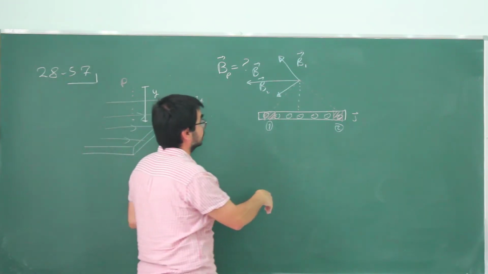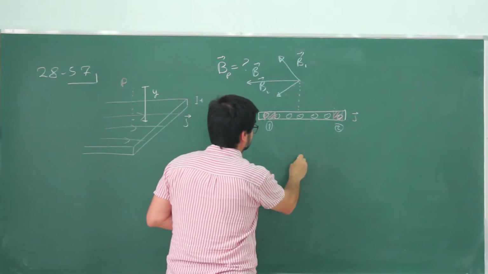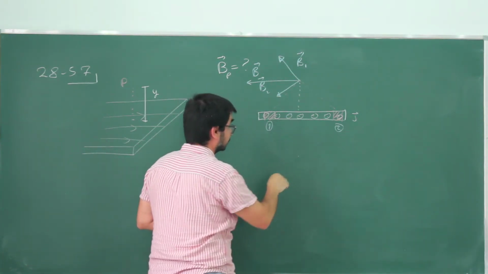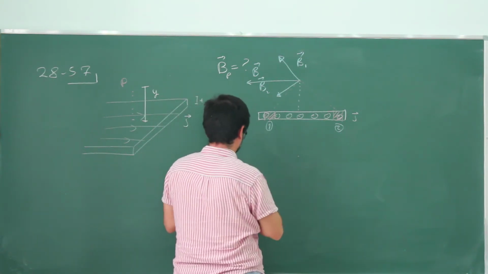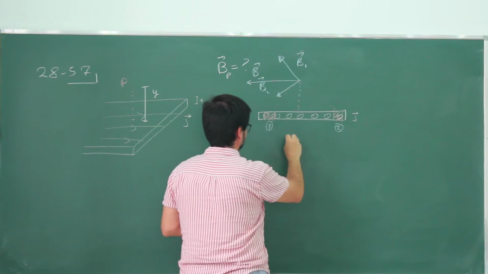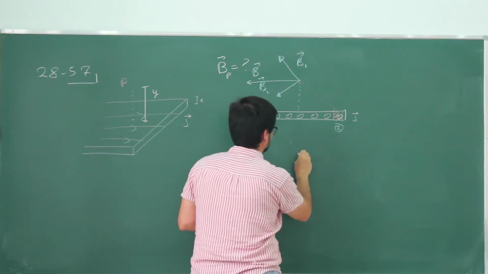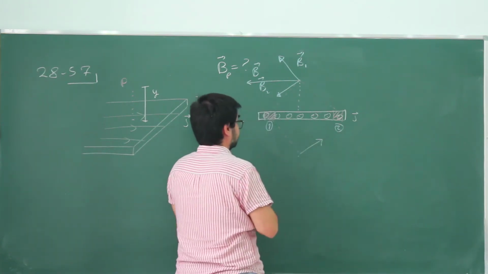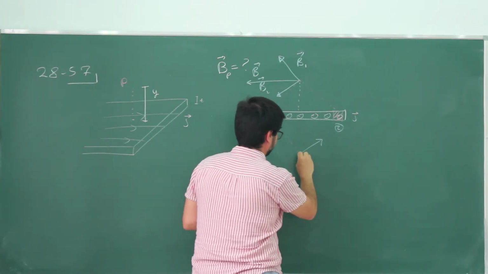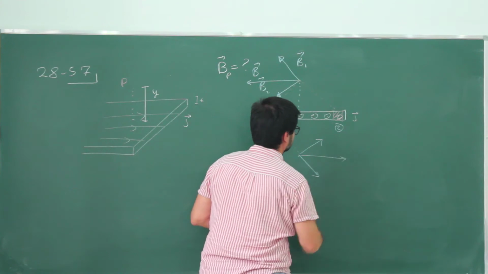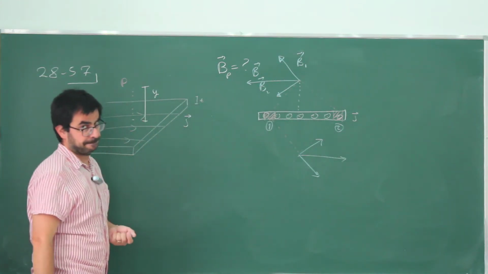By the same argument, the magnetic field at the lower part is going to be to the right. The magnetic field produced by this one is in this direction, the magnetic field produced by that one is in this direction, and they lead to a resultant magnetic field this way.